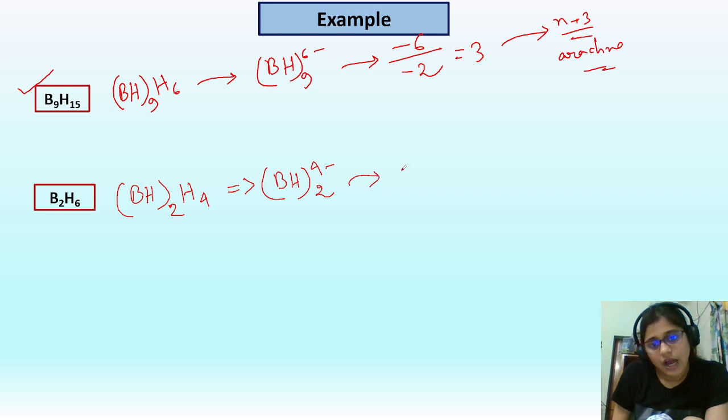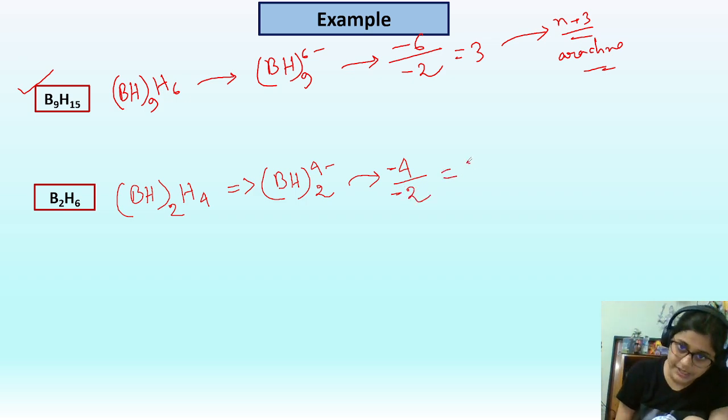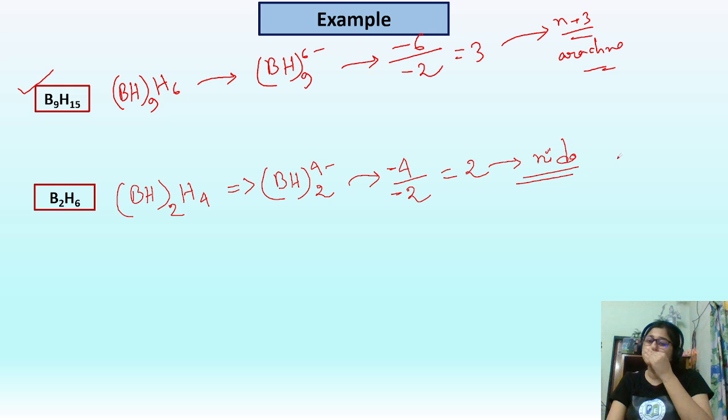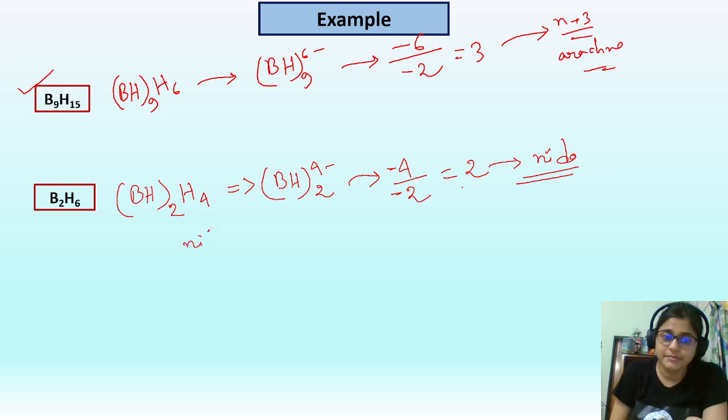Now we deal with only the minus 4 and divide it by minus 2 and we get 2. That means it is nido, n plus 2. So this will be a nidoborane. Nido will be the answer.